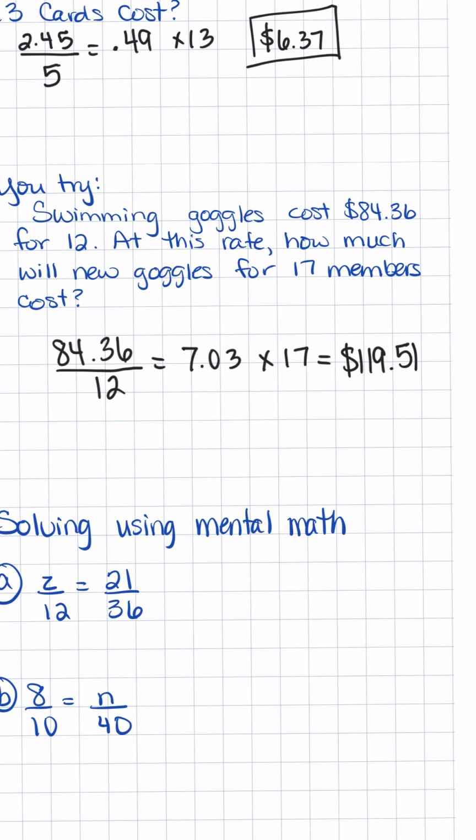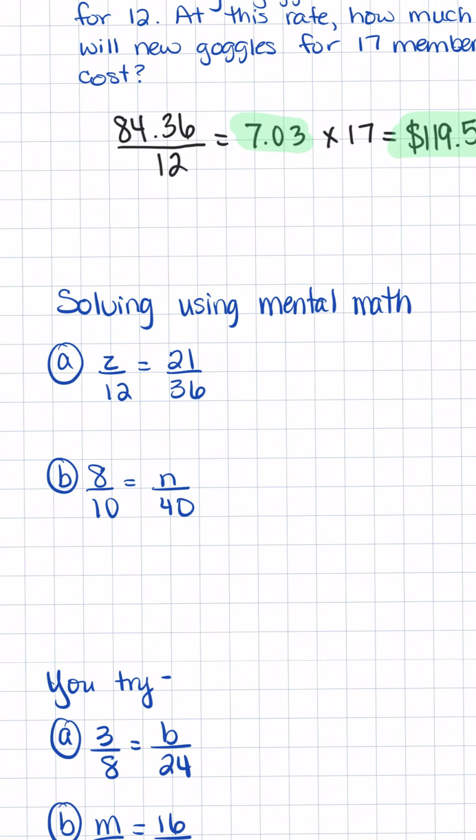You should have come up with $119.51. The unit price for the goggles was $7.03. Multiplied by 17, you come up with $119.51.